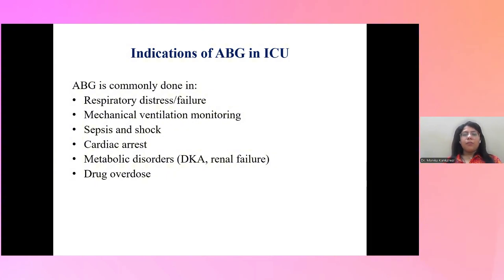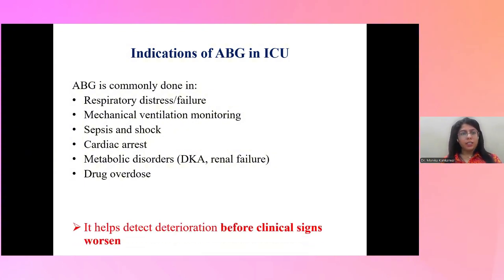Patients with sepsis and shock, patients who have had cardiac arrest, patients with metabolic disorders like diabetic ketoacidosis and renal failure, or patients with drug overdose or opioid poisoning. All these patients require acid-base balance monitoring, and that can be achieved only by ABG analysis.